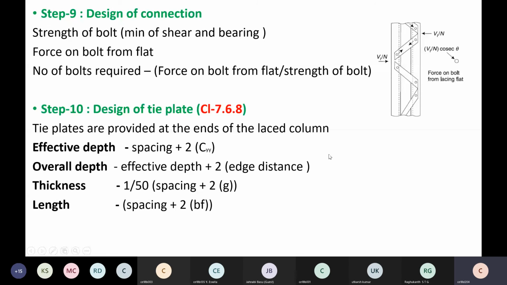Edge distance is 1.5 times DH, which is 1.5 times 18 mm. The thickness will be 1 by 50 of 183.5 plus 2 times 50. And the length will be 183.5 plus 2 times BF. BF is 90 mm for the ISMC 300. By substituting all these, you will get the effective depth, overall depth, thickness and length of the tie plate.